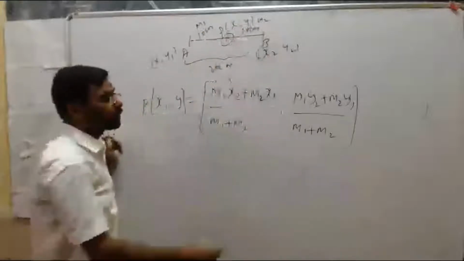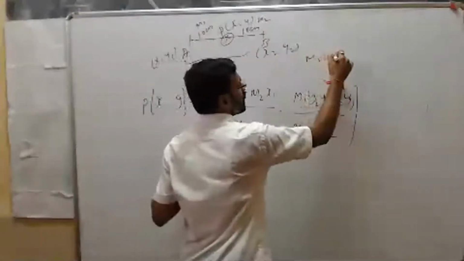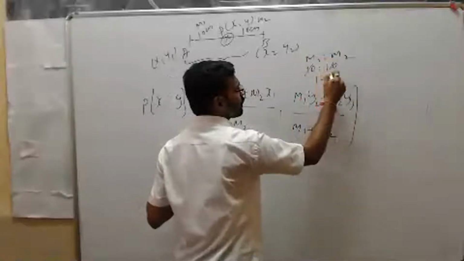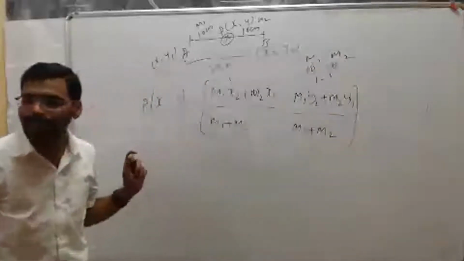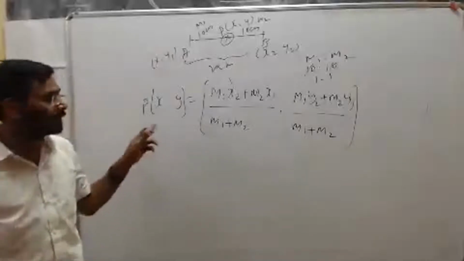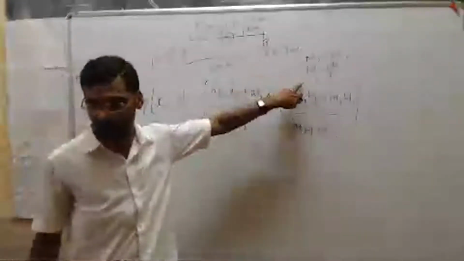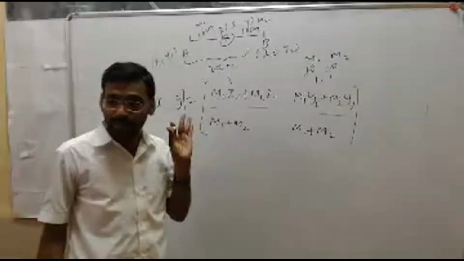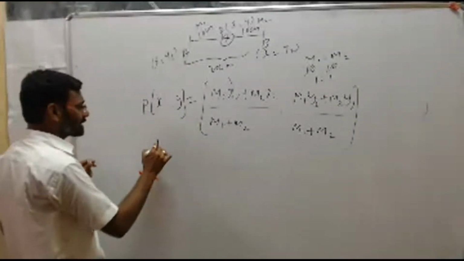M1 ratio M2: M1 is 10, M2 is 10, the 10s cancel, giving 1 ratio 1. What does it indicate? Therefore, it is considered as the midpoint.